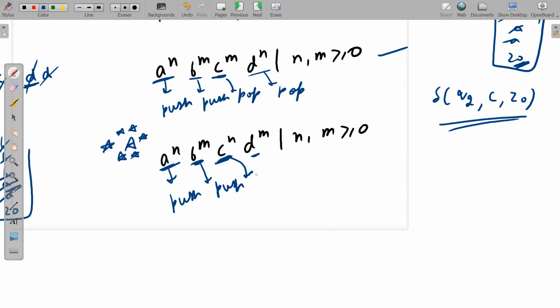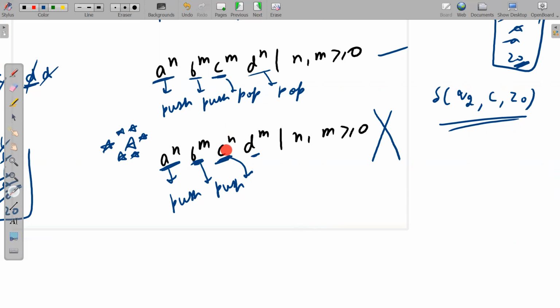I will take some example, but let me give you some intuitive idea. B's are pushed, so whenever C comes, we have to read B. We are not able to access A. That means we are not even able to construct an NDPDA for it. Non-determinism means there is confusion in push and pop, but here there is no confusion at all.